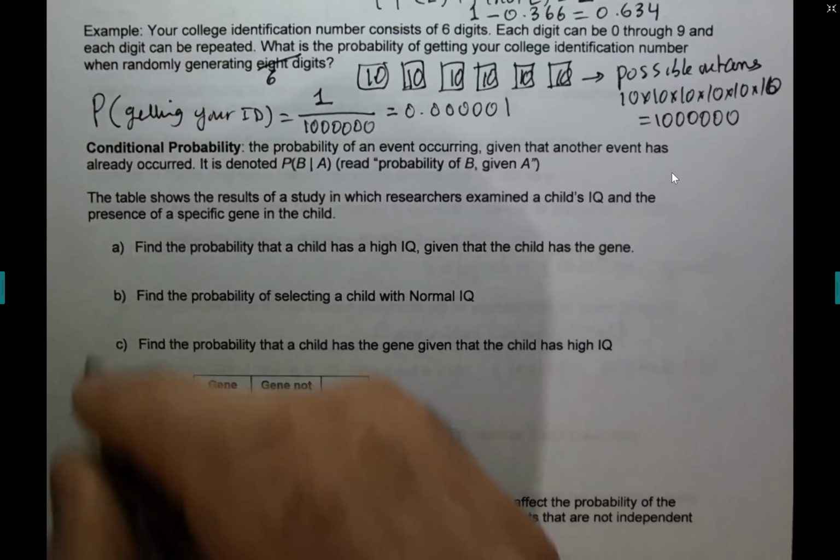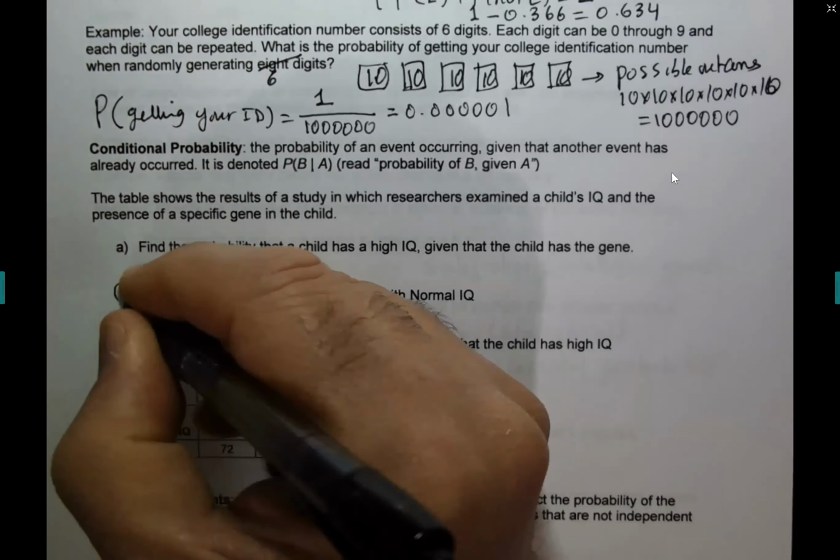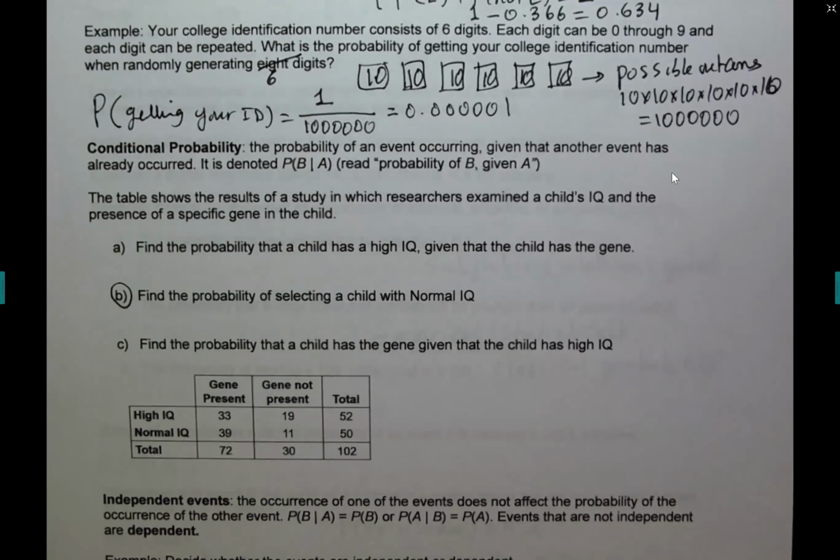I think we can answer part B. Watch. We select a child at random. You just pick one child. What is the probability of selecting a child with normal IQ?